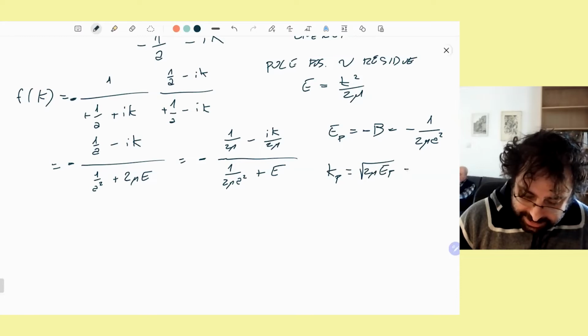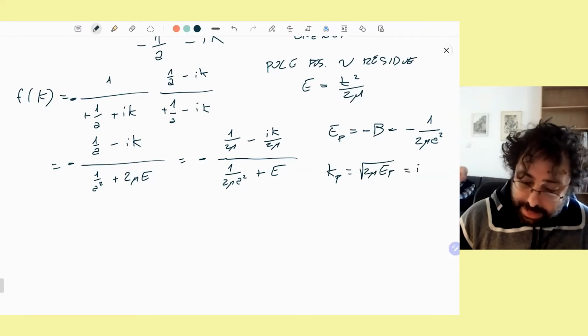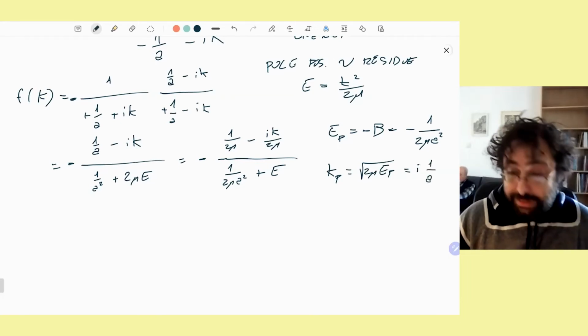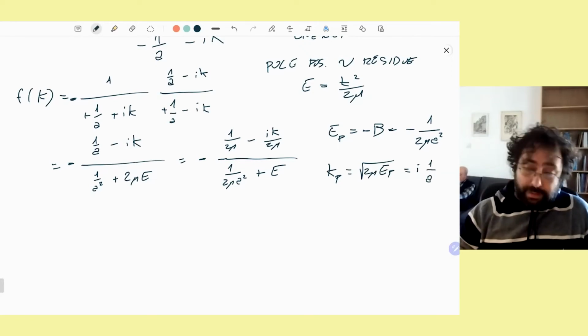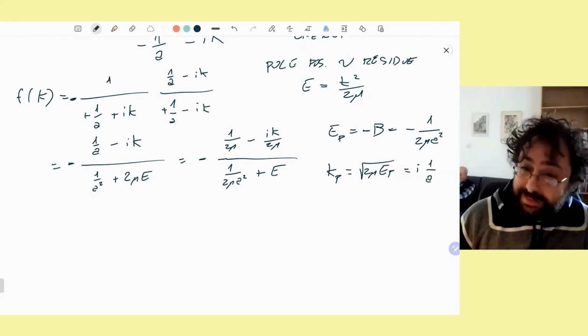So this makes a positive i for the convention of the square root. And this is just 1 over a. Remember that a must be positive.